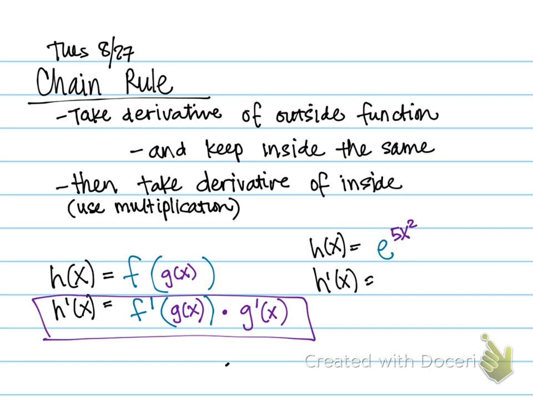The outside function, because this is inside the variable, the outside function is just e. So that's going to stay exactly the same. And to take its derivative, it stays the same. Then we take the derivative of the inside, and the derivative of the inside is 5x squared. So that's going to be 10x. And that is it.